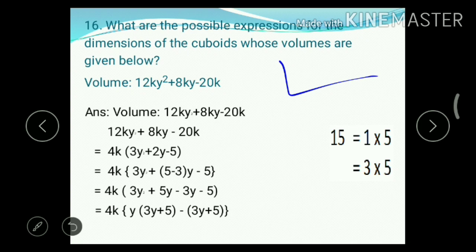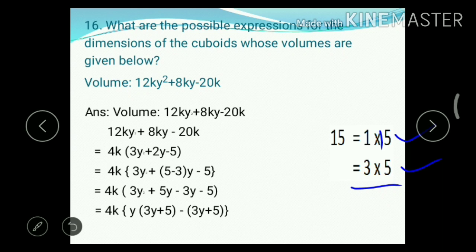But now 15 will be written as 1 into 15, then 3 into 5, then is there any more? No. So these are the 2 pairs. From these 2 pairs, you need to find such a pair whose subtraction will give you 2, okay?